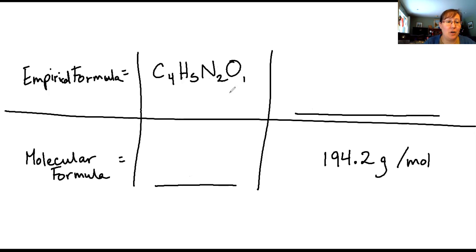All right, now in order to find the molecular formula, first you need to find the molar mass that goes with your empirical formula, okay? So then you say, okay, well, my molar mass for this is going to be 4 carbons plus 5 hydrogens plus 2 nitrogens plus 1 oxygen.